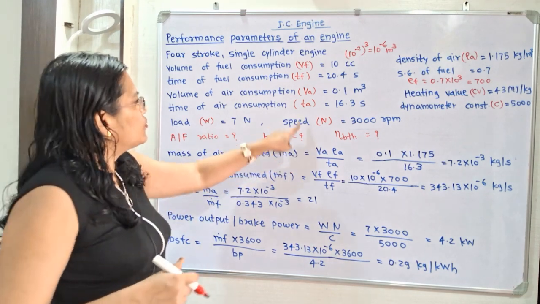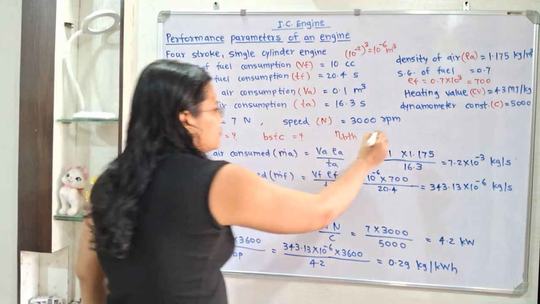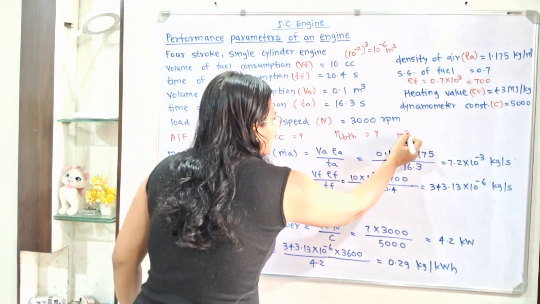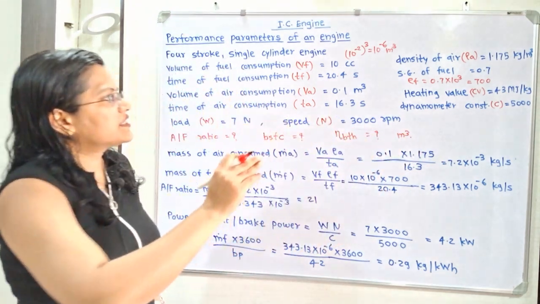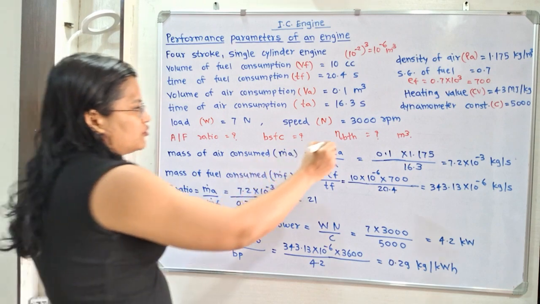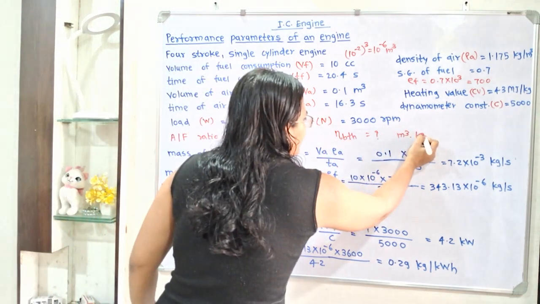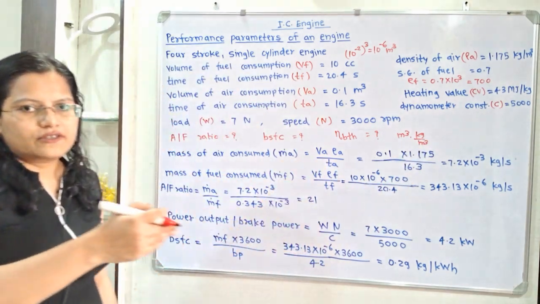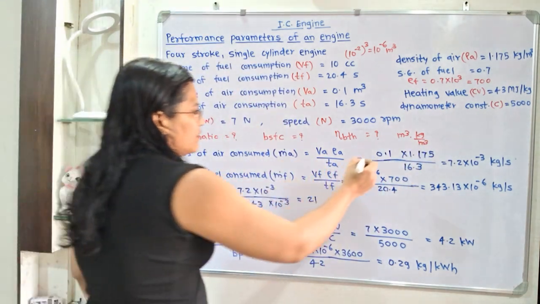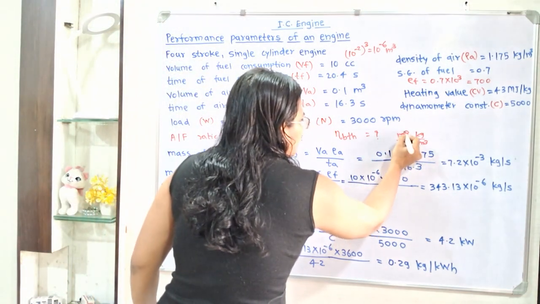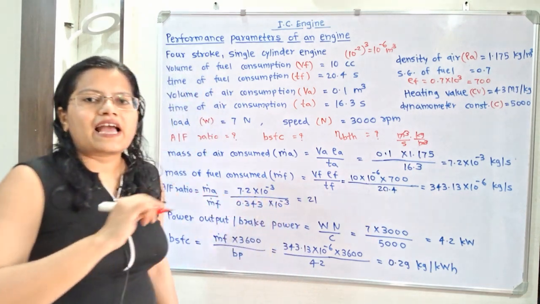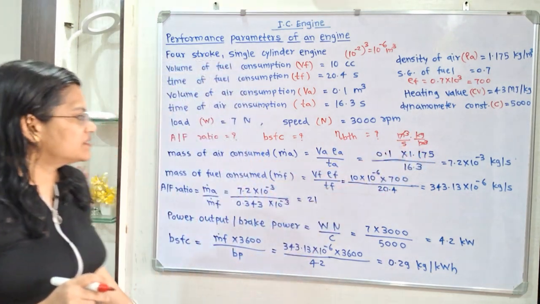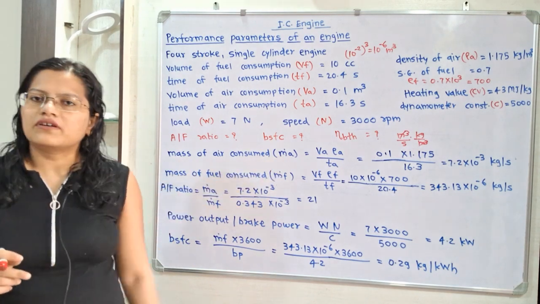The volume is given in meter cube, density is given in kilogram per meter cube, and divided by Ta, time is given in second. Now this meter cube gets cancelled and the remaining unit is kilogram per second. This is the unit of mass of air consumed.